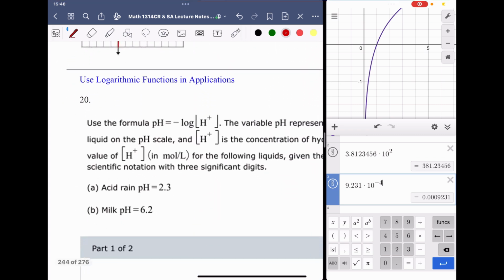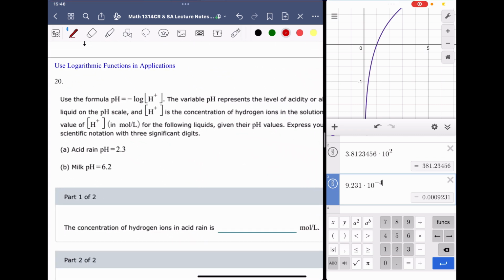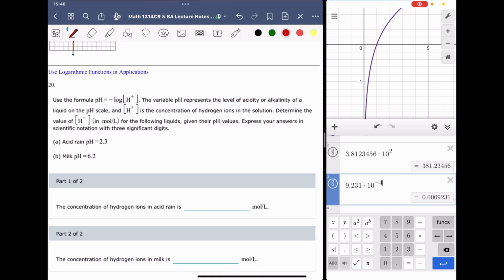Okay, so let's talk about this problem right here. Use pH equals negative log of the hydrogen ion concentration. The variable pH represents the level of acidity or alkalinity of a liquid, and the hydrogen ion concentration in the solution determines the value, in moles per liter, in the following liquids given their pH values.